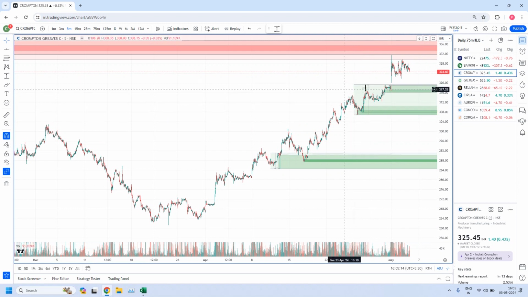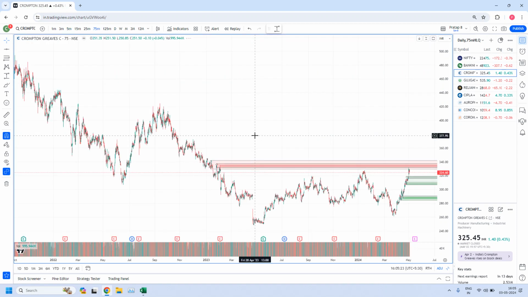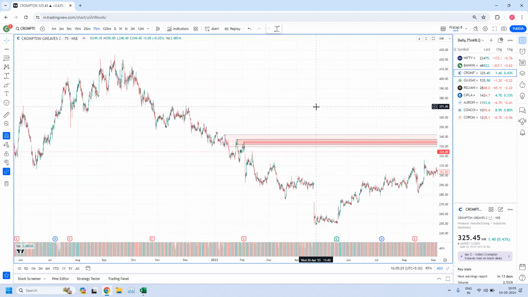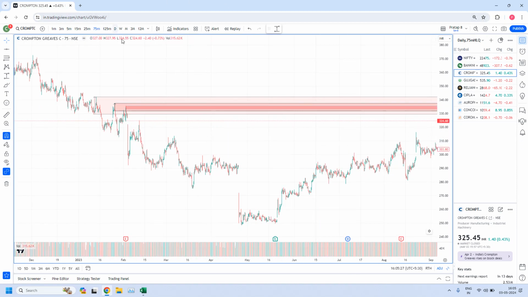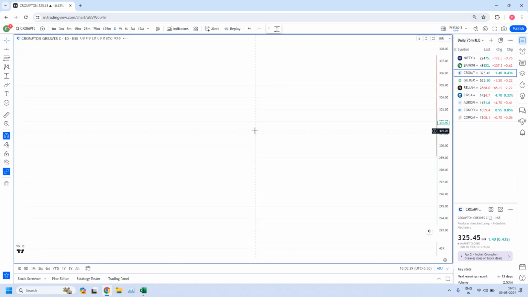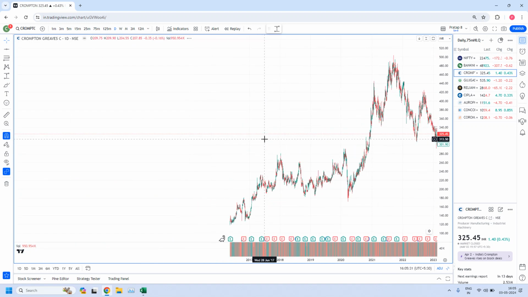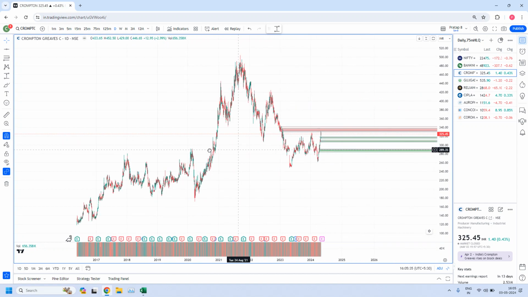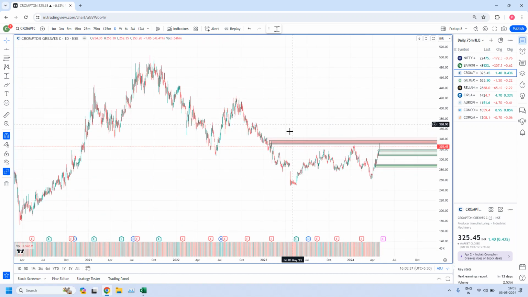The same zone also has a high liquidity supply zone, at the 75 minutes time frame or daily. This one is a daily zone, I guess. Let me change the time frame to daily. Yeah, both the demand zone and supply zone are daily, and both are high liquidity zones.